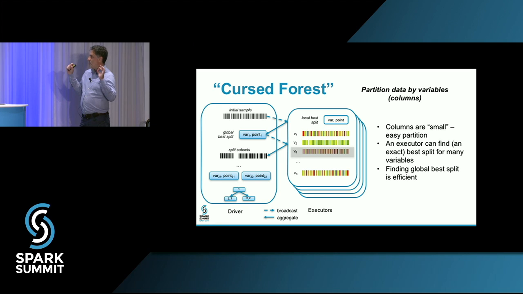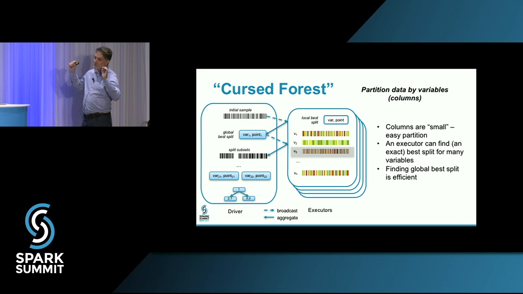In our case, the columns are samples, of which there may be 1,000 or a few thousand, so it's quite easy to partition them well. It also gives us a few advantages in the random forest algorithm itself. For example, each executor can technically have all the data to find the best splits, which are the core function of the random forest algorithm. So this is a much more efficient way of dealing with this kind of data.